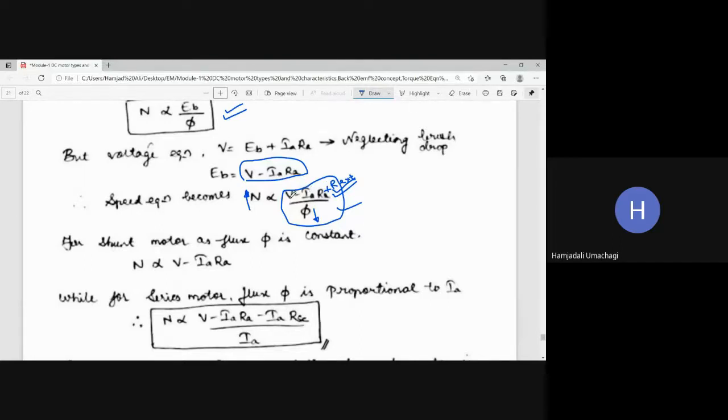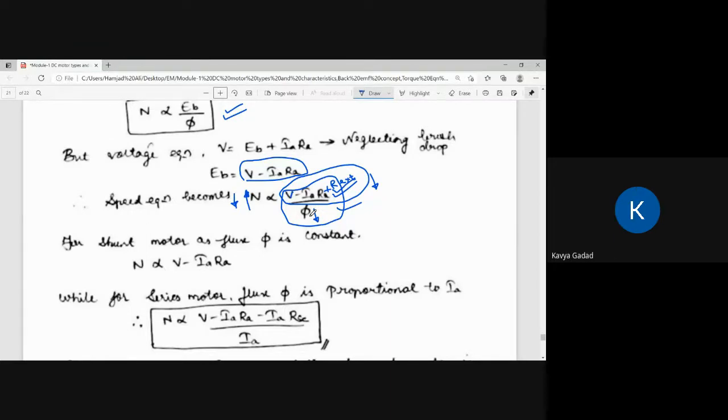This increase in the drop gets deducted from the applied voltage. So altogether this whole term becomes increased or decreased? It will be decreased. If this decreases, then speed, being directly proportional, will automatically come down. So the numerator part is the armature voltage control method. The denominator part is the flux control method, which you have already conducted in the laboratory. I hope you have conducted. Yes or no?